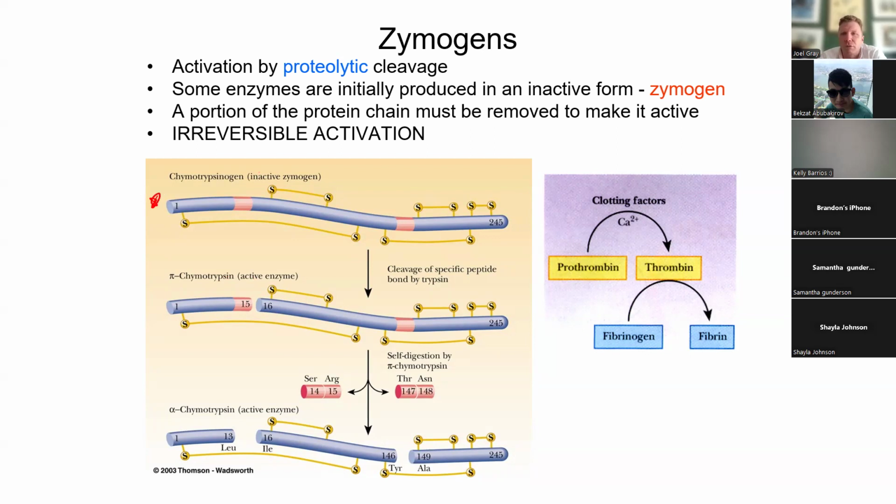Now, they don't do anything because they are activated by proteolytic cleavage. Some enzymes are initially produced in an inactive form. This is their zymogen form. A portion of the protein chain must be removed in order to activate it. This activation is irreversible.